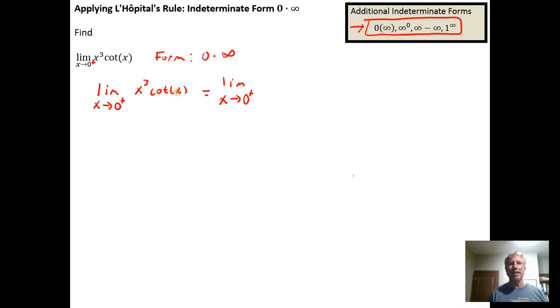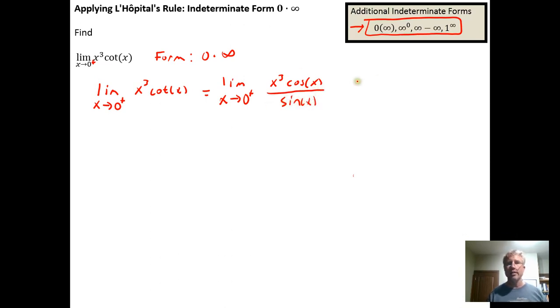And I want to recognize that the cotangent is just the cosine over the sine. So I can rewrite this as x cubed times cosine of x over the sine of x.